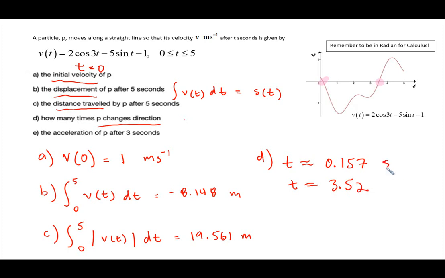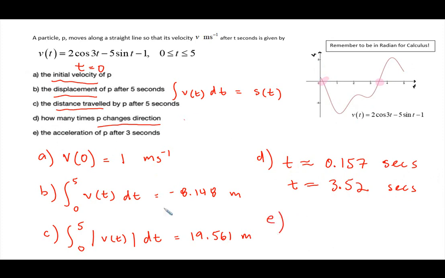This would be seconds. So when you're looking for change in direction, if you're looking at a velocity graph, you're looking for the x-intercepts.